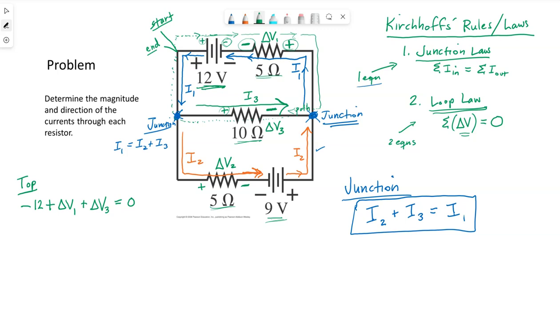Now, one other substitution I want to make is that, for resistors, we know the potential difference across a resistor is I times R. So in place of delta V1, since that was for my top 5 ohm resistor, the current flowing through that resistor is what I labeled as I1. The resistance is 5 ohms.